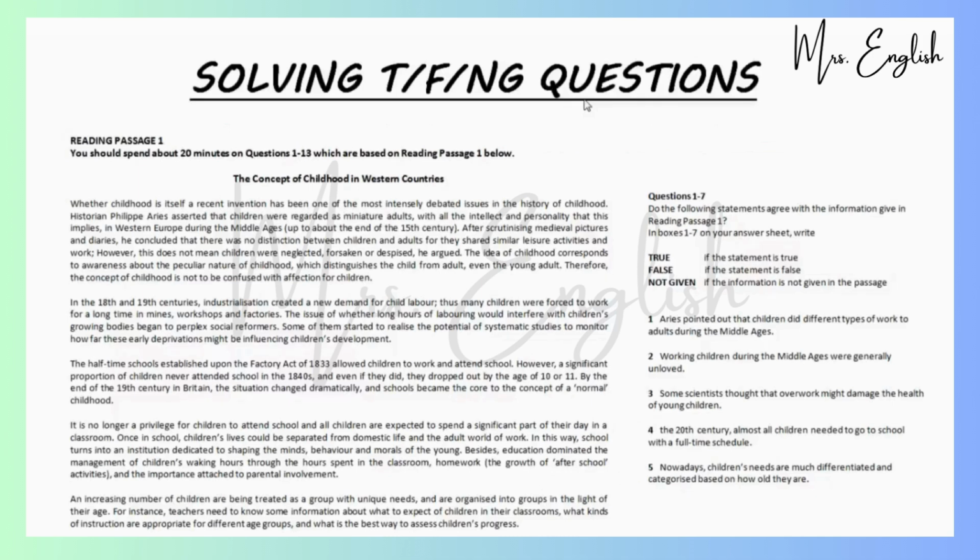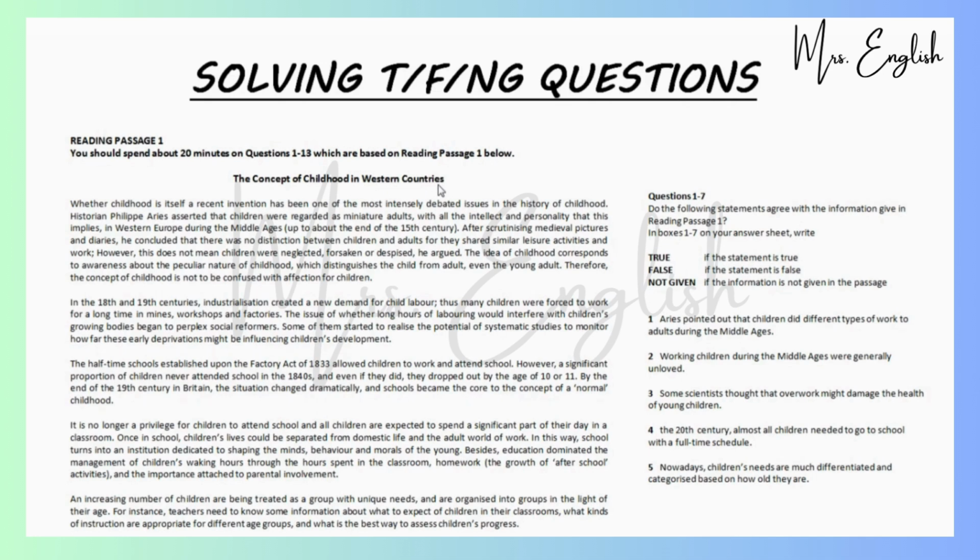Now we will try to solve a real true-false not given question so that we can finally grasp it completely. Okay, let's start. So you see that this is an example of an academic passage in case of reading. The topic is the concept of childhood in Western countries.